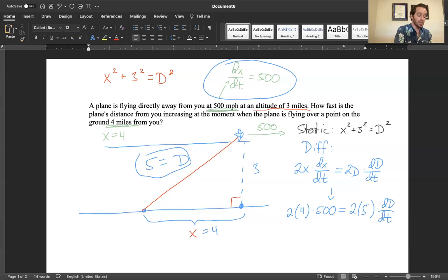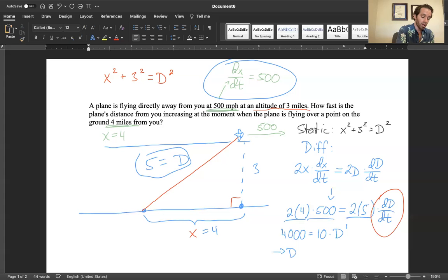And let's see, how fast is the plane's distance from you increasing? Well, that actually is great because this means that the only variable left is the variable we're interested in solving for. We want to get the rate of change of the distance. So the only thing left to do is to algebraically solve for that. 2 times 4 is 8, times 500 is 4,000. This is 10, so 4,000 equals 10 times D prime, which is what dD/dt means after all.